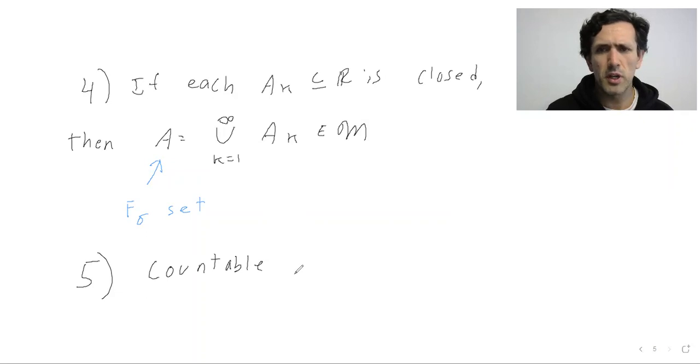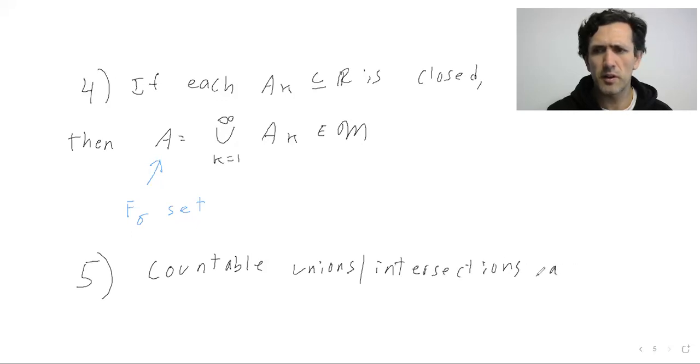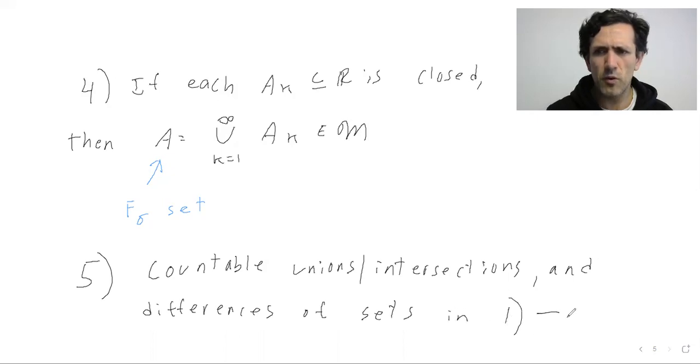So countable unions and intersections, and set differences of sets of the form 1 through 4 are Borel, and hence they're measurable.